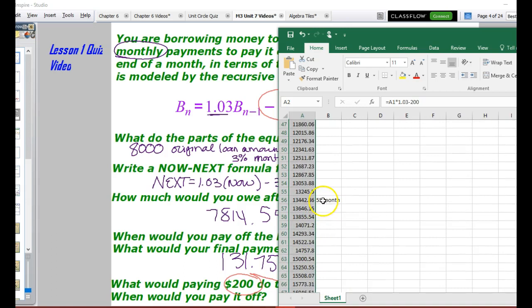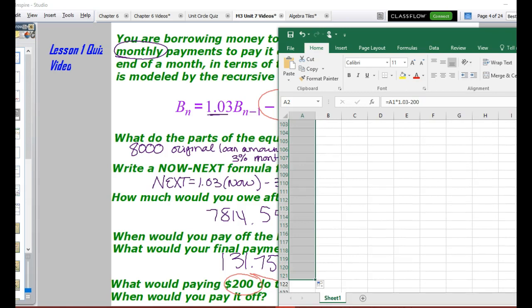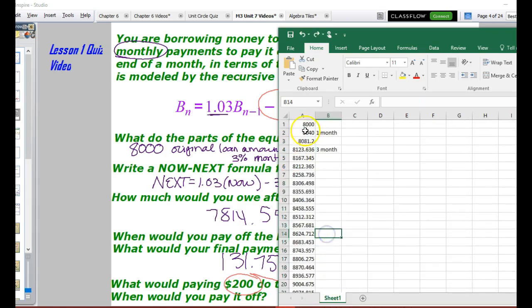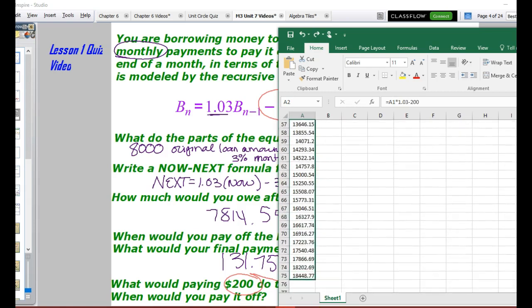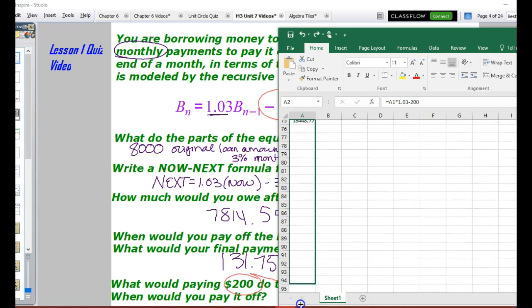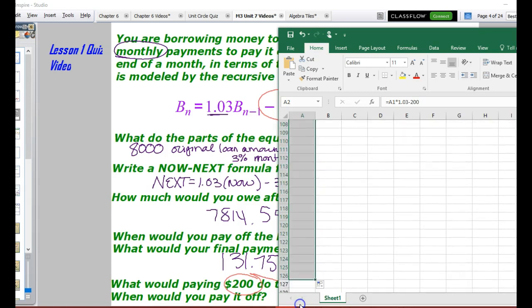Now remember, this is where you actually paid off that Segway originally by paying 300. You still have 13,000 to go now. So you can see by lowering your payments, you made a lot more work for yourself. So let's drag this again. I didn't even get far enough here. I'm going to have to drag for quite some time. Oh, we're still not in the negatives.